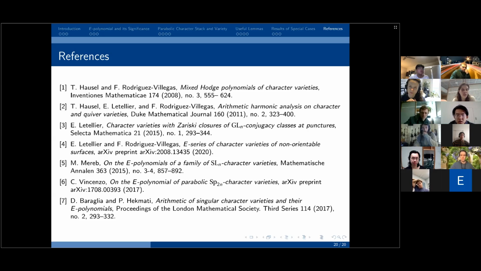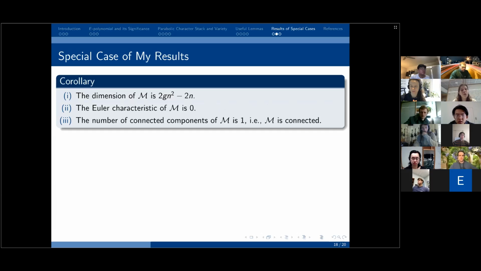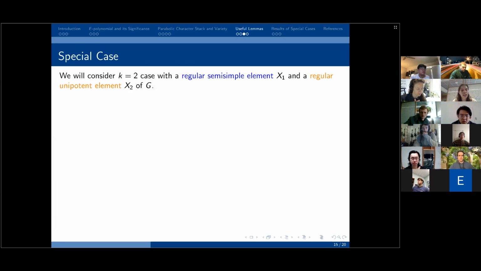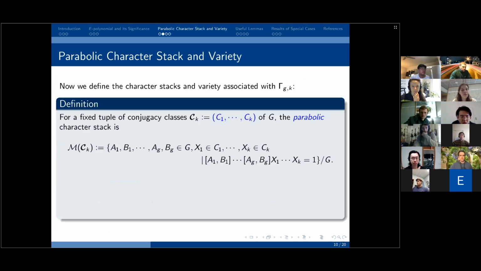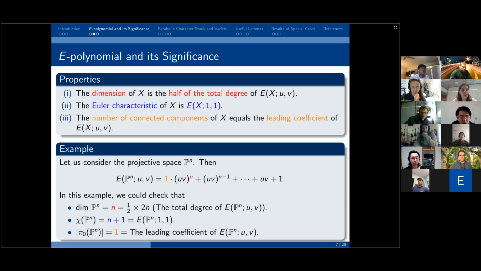So it gives you information about the dimension, the Euler characteristic, and the number of connected components. You talked about those three pieces of information that the E-polynomial gives you. Do you have any intuition as to why the E-polynomial tells you this?